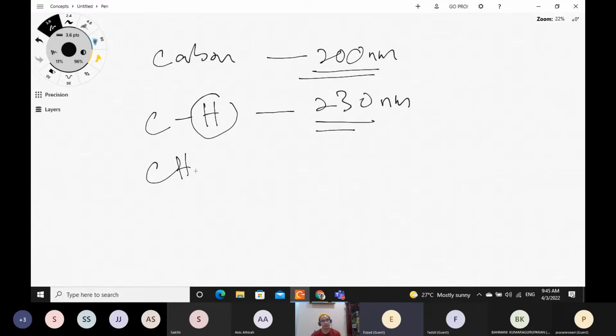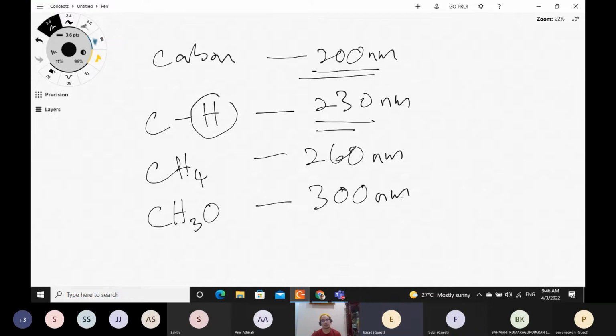Kalau dia ada 1 to 4 hydrogens, maybe dia serap paling banyak dekat 260 nanometer. Kalau dia ada oxygen CH3O, maybe dia serap paling banyak dekat 300 nanometer. So we can use this trait of atoms and molecules ni untuk serap cahaya sebagai ciri-ciri untuk kita kenal pasti.